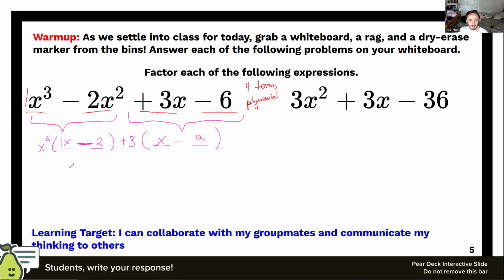Now, factor by grouping wraps up by saying the things in parentheses are going to form one factor, and the things that are outside of parentheses, they're going to form the remaining factor. So one of my factors is going to be x squared plus 3. The other factor is going to remain x minus 2.